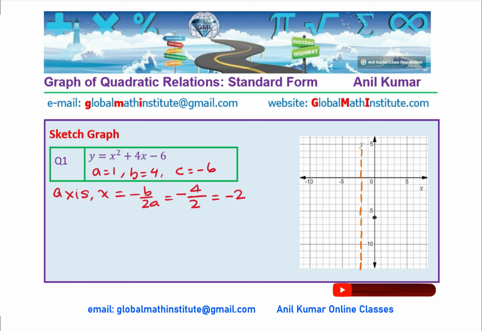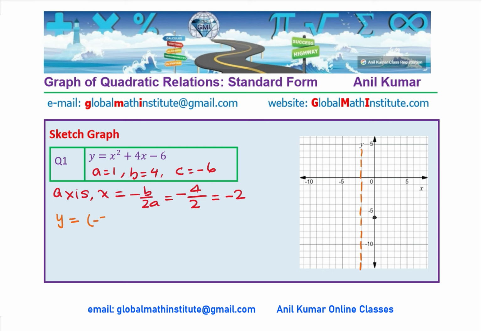Perfect. Once we know the axis, the x value, we can find the vertex, the y value, by substituting x equals minus 2 in the formula. So let's find the value of y when x is minus 2.